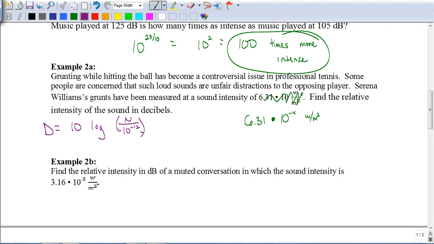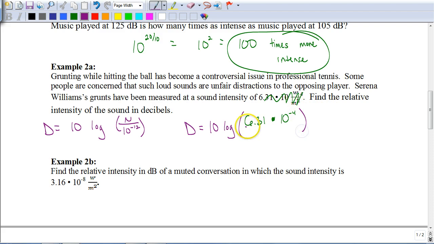So what this is going to do is convert this to decibels. So I'm going to replace n in my equation here with the 6.31 times 10 to the negative 4th. So essentially it's going to be D equals 10 times the logarithm of 6.31 times 10 to the negative 4th.